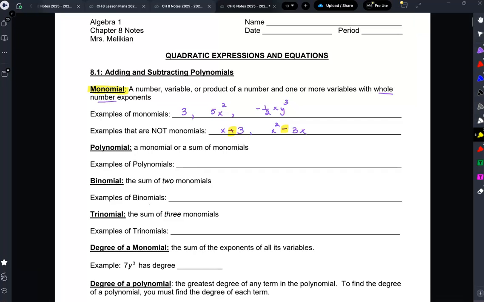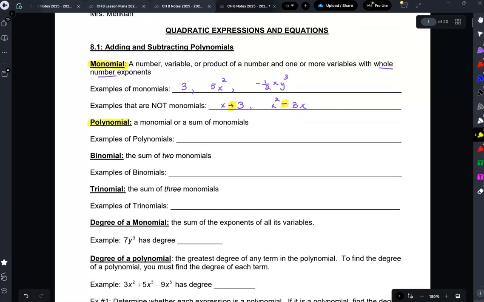A polynomial is if you have one monomial or a couple of monomials added or subtracted to each other. So for example, x squared is a monomial. But now, if I add to that, or if I subtract from that another monomial, then it becomes a polynomial. So for example, minus 3x, now this is more than one term, plus 4.